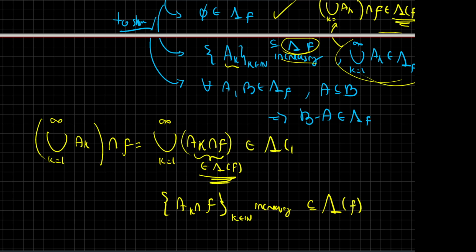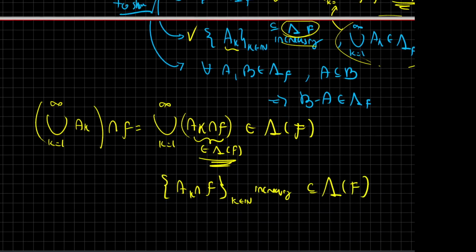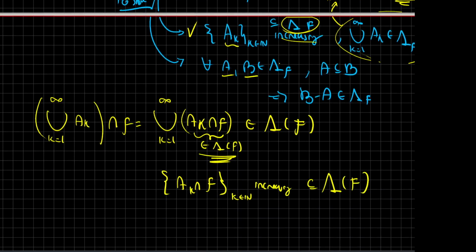So this will be an element of the generated lambda system by definition of lambda systems. So since this is true, this means that it holds the condition by which this set is defined. So we have the second property there. And for the final property, let's suppose that we have a couple of elements inside the set such that one of them is included in the other, and let's see what happens with the difference.